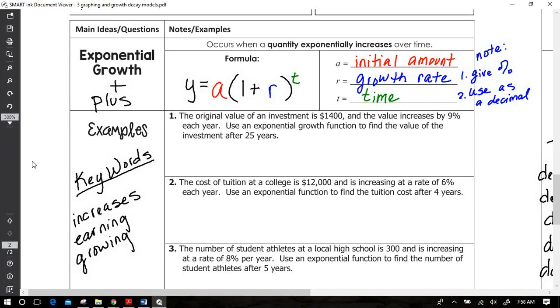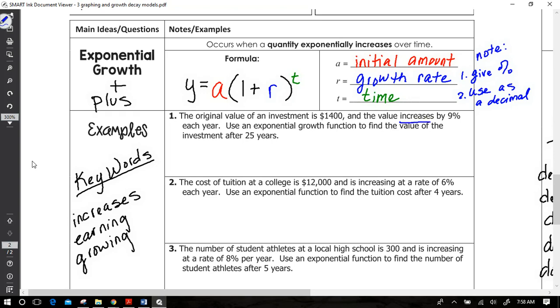Now, keywords, if you were taking an assessment or your final exam at the end, these aren't going to all be broken down for you. It's not going to tell you this is a growth problem. So we do need to know the keywords that kind of help us understand that this is a growth problem. My keyword is increasing, in a lot of these.